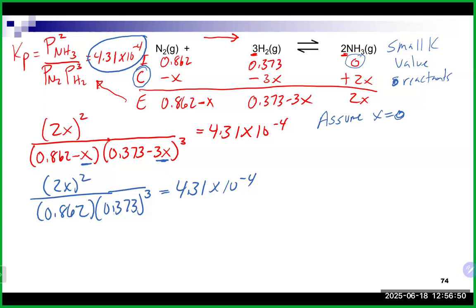I'm going to take care of the bottom there and also the top, I guess. So 4x squared divided by basically 0.373 cubed, not squared. Hit the right button there, might help. Cubed. There we go. And we're going to times it by 0.862.